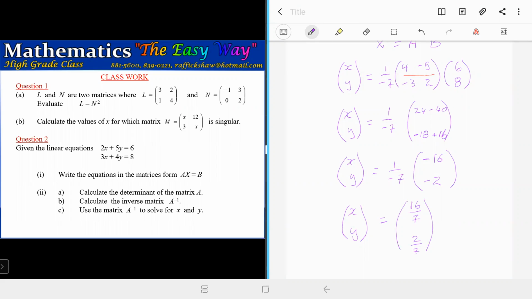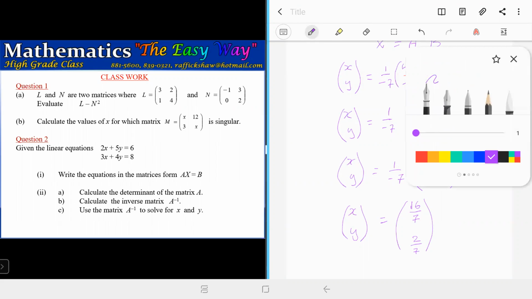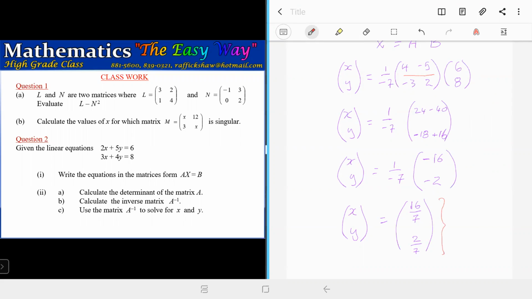And since the question asks for x and y, you have to actually write the value for x and the value for y. So from this, you're going to say that x, therefore, is 16 over 7, and y is 2 over 7. You hardly get questions where you get fractions as the answers in these, but it happens from time to time, right? So you cannot feel uncomfortable when you get that.